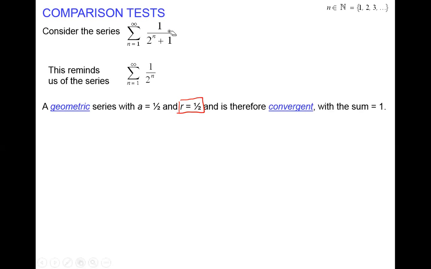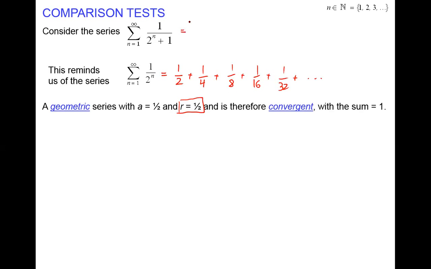And now, how can we compare? If I rewrite the terms: 2 to the power of 1, 2 to the power of 2, 2 to the power of 3, 2 to the power of 4, maybe one more, 2 to the power of 5, and so on. That means that's all of my terms.